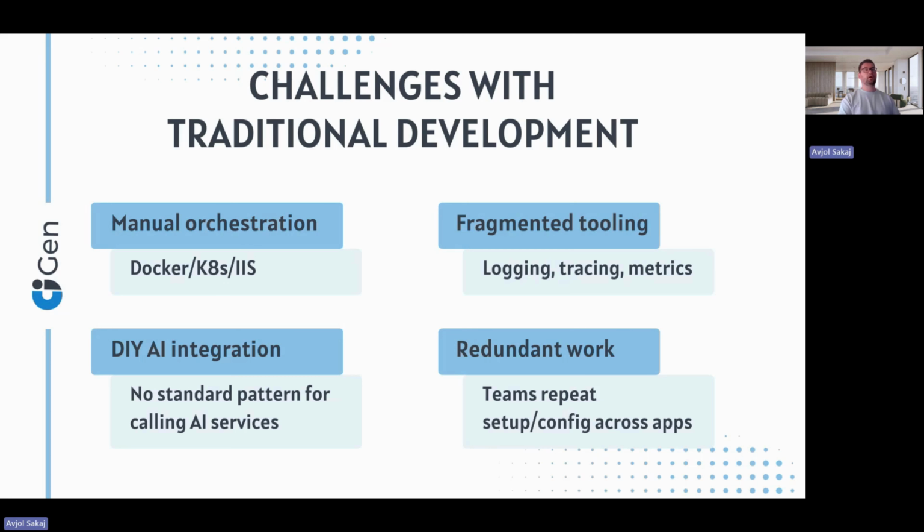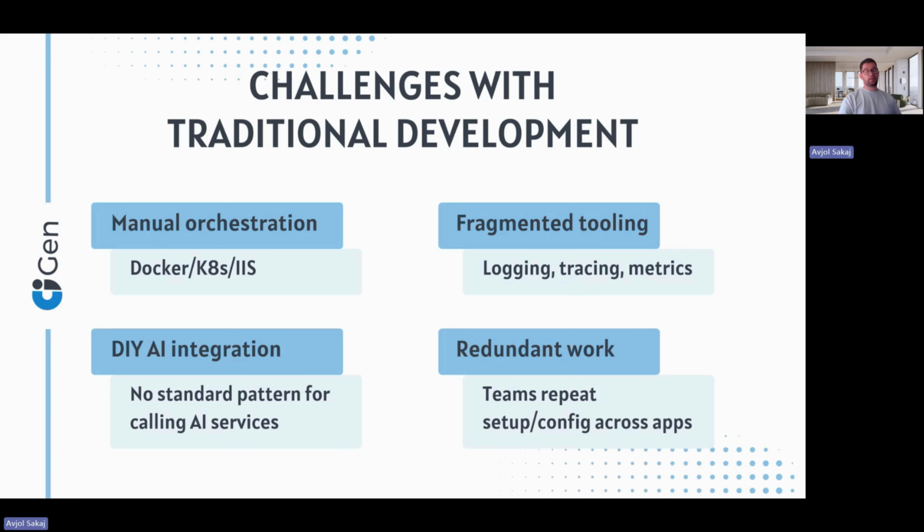When it comes to AI, there is no out-of-the-box pattern. Adding OpenAI calls or other AI services usually means building custom code and configuration from scratch. And if you have to do this for every service, it's too much work and too much time. Plus there is a lot of duplicated effort for other things.